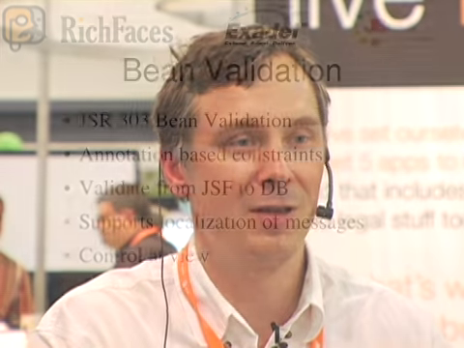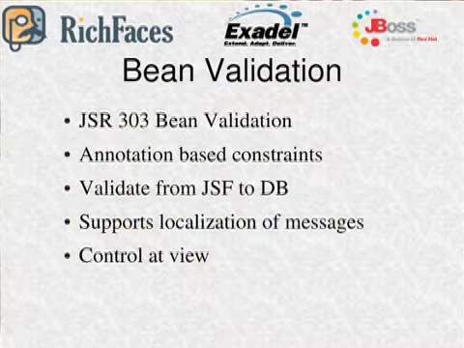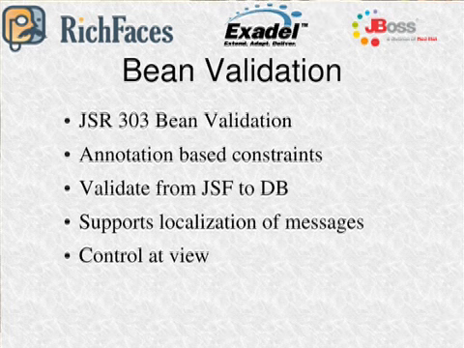Therefore, if you have data, you write the limitation directly in your bean class, and JSF checks input data against your data model restriction. So it propagates validation from JavaServer Faces input components directly to the data model and database. Of course, it supports localization of all messages as well.